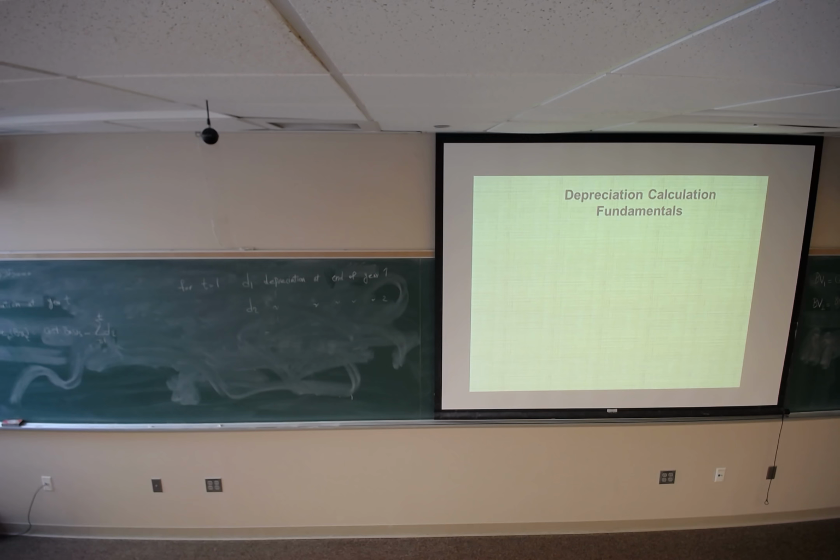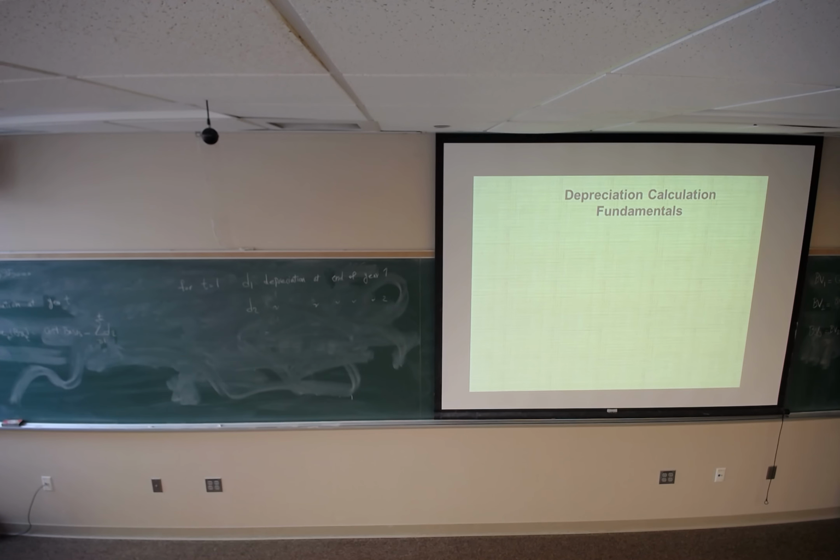First year, second year, third year: whatever is the book value of the second year minus the depreciation at the end of the third year is the book value for the third year.